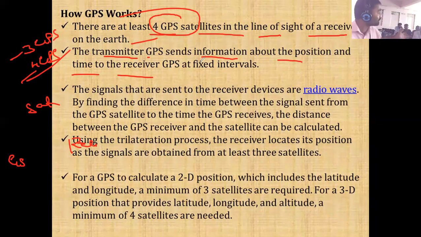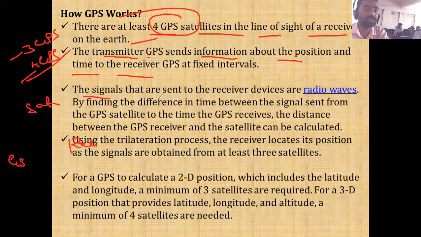What you are actually sending is your location and time. The transmitter GPS sends information about the position, location means position, and time to the receiver GPS. Whatever GPS you are using, that is the transmitter GPS, and your receiver's is the receiver GPS.